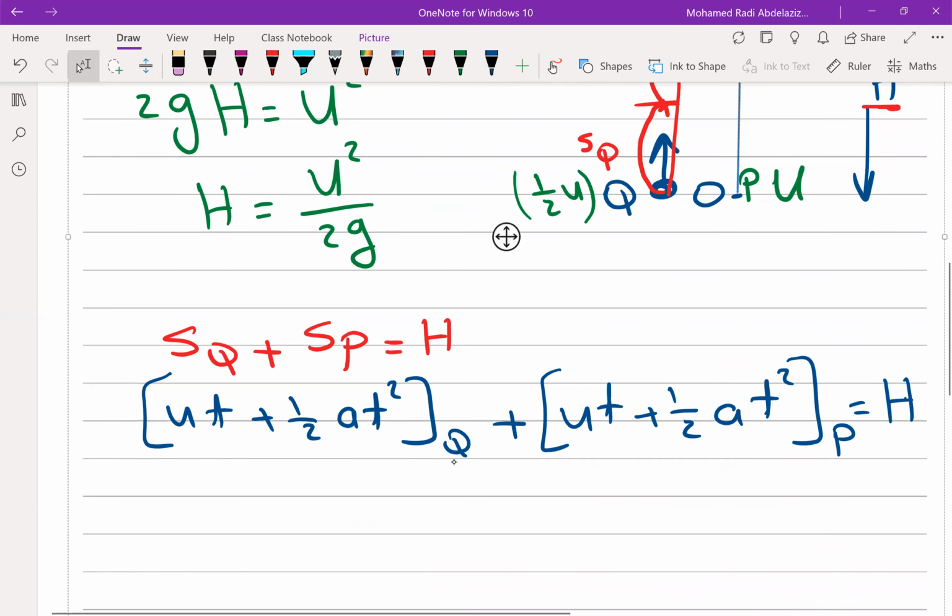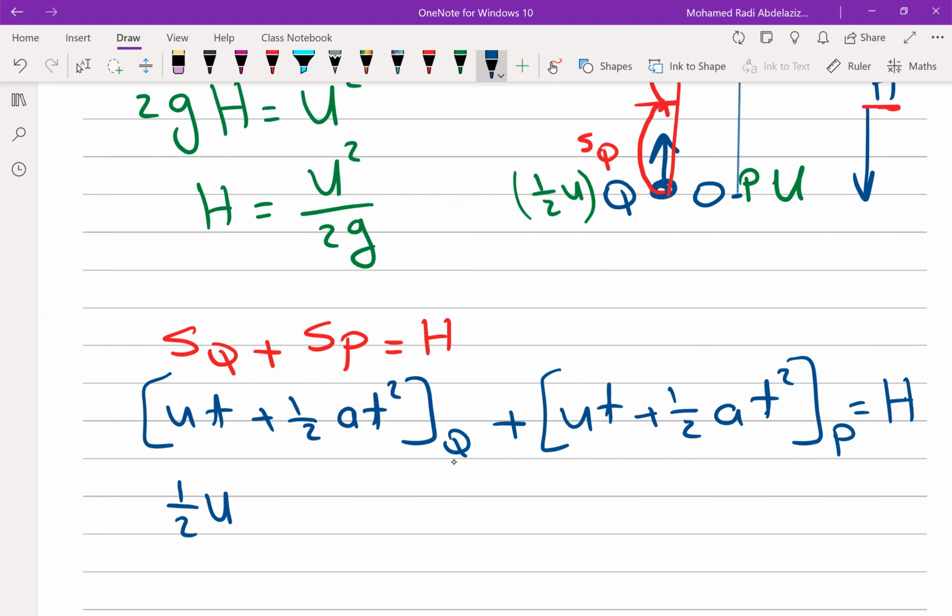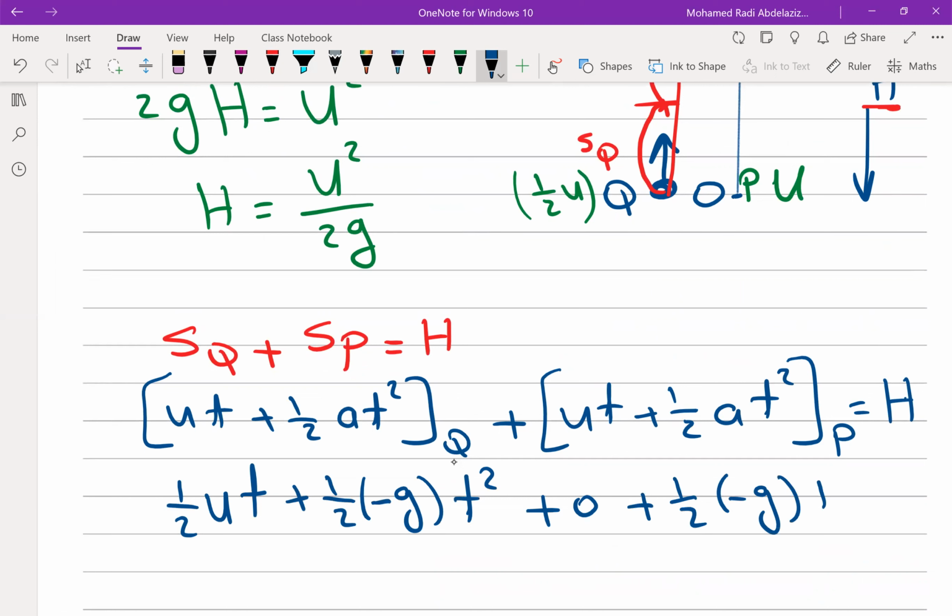For s of Q, the initial velocity is half u, time is not given, plus half the acceleration, negative g, times t squared. Plus particle P, with initial velocity 0, plus half g t squared.